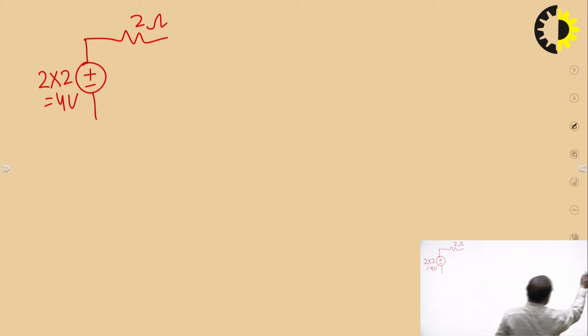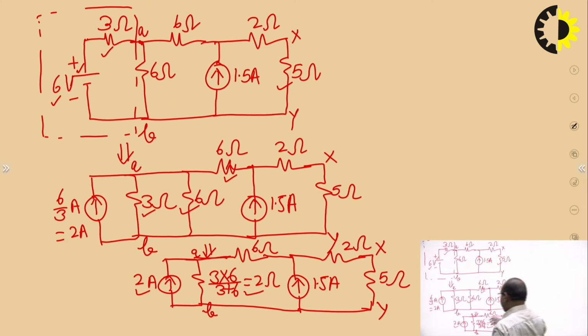If we go to the previous slide, we can see it. This 2 ampere current source is in parallel with 2 ohm resistance across the terminals A and B. So, when we convert it to the equivalent voltage source, the voltage of the source will become 2 into 2, 4 volt, and 2 ohm will be in series with that voltage source, and this will be connected across terminals A and B.